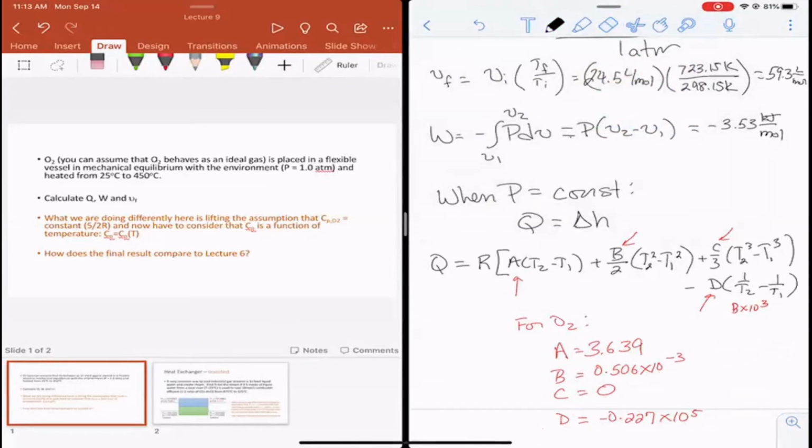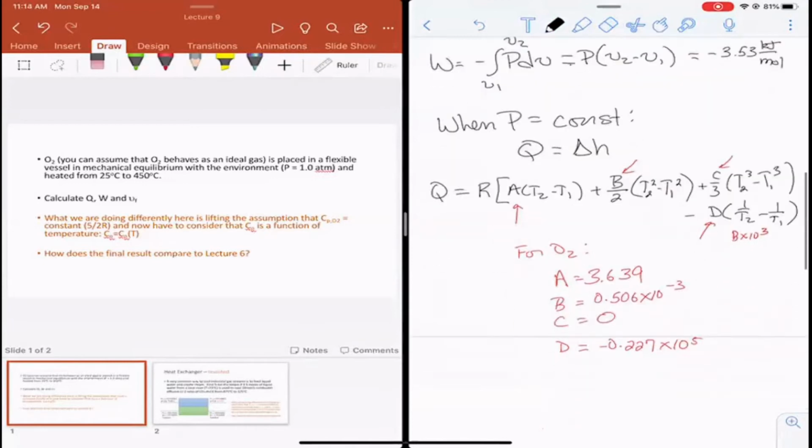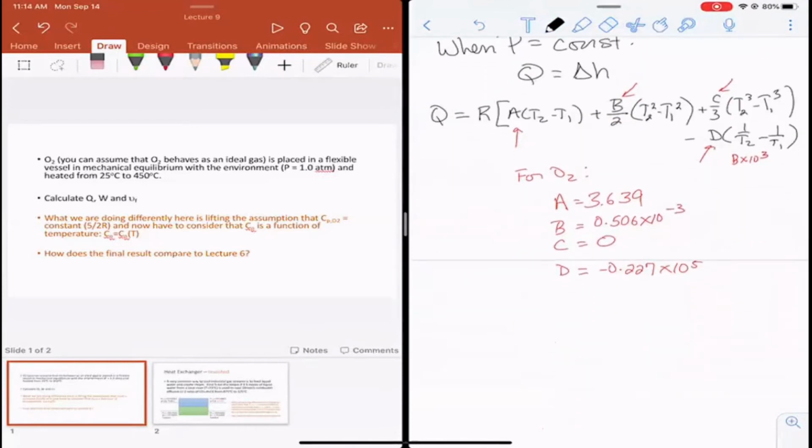And so if you plug those values into this equation and solve for Q, you find that Q is equal to 13.40 kilojoules per mole. And in the previous lecture where we solved this problem, lecture 6, we found that Q was equal to 12.4 kilojoules per mole.